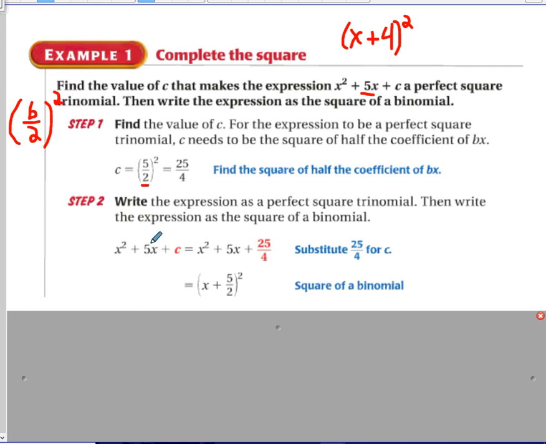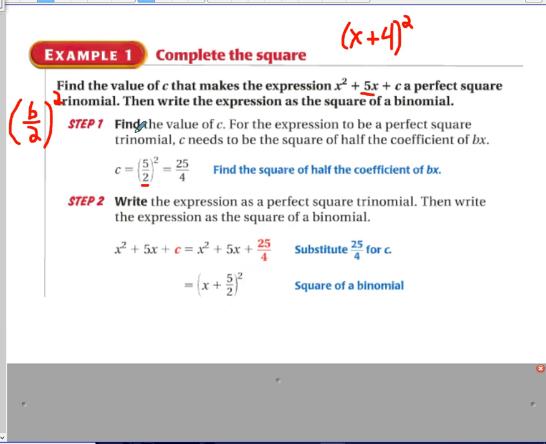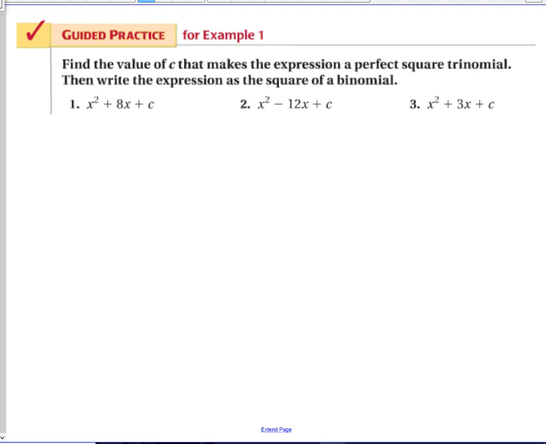If you remember, 5 divided by 2 is my b over 2. That is going to become my answer right here, where I go x plus b over 2 squared. That's all that we have to do for the beginning part of completing the square. So let's do another couple examples to try this out.